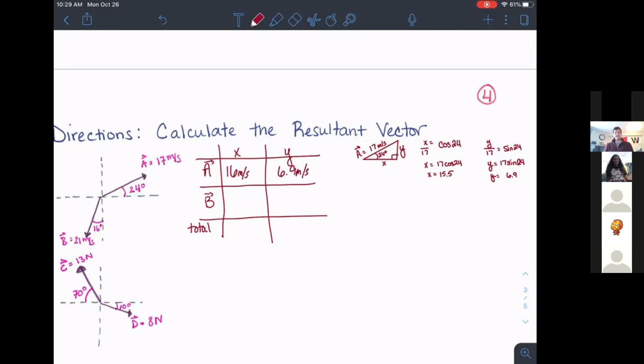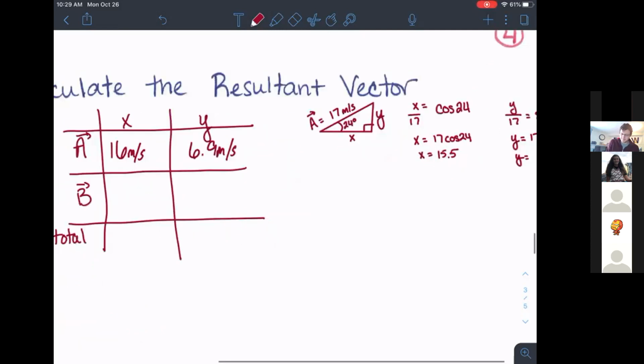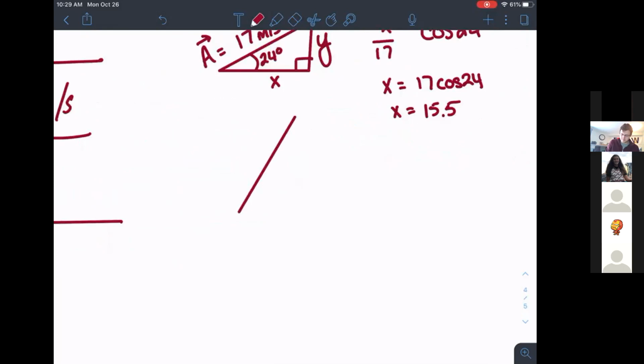All right, we have to do the same thing, but now for vector B. So we're going to draw our triangle. Vector B goes down this way.